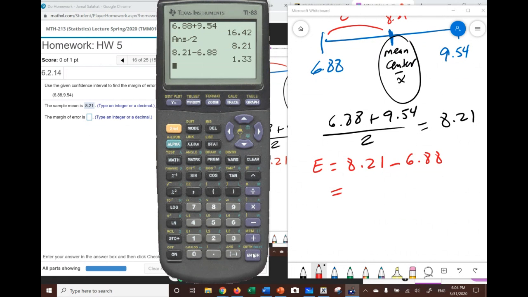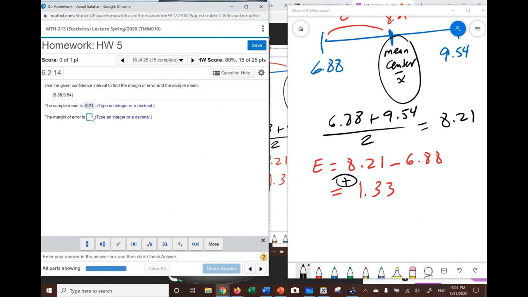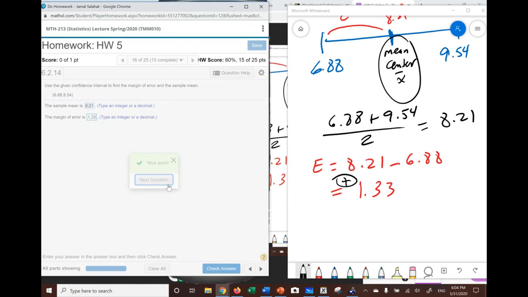By the way, you can subtract the other way around, but you have to remember, always, always, always, the answer is positive. So the answer for the margin of error is always positive, which is 1.33. So we check the answer, and it tells us the correct answer.